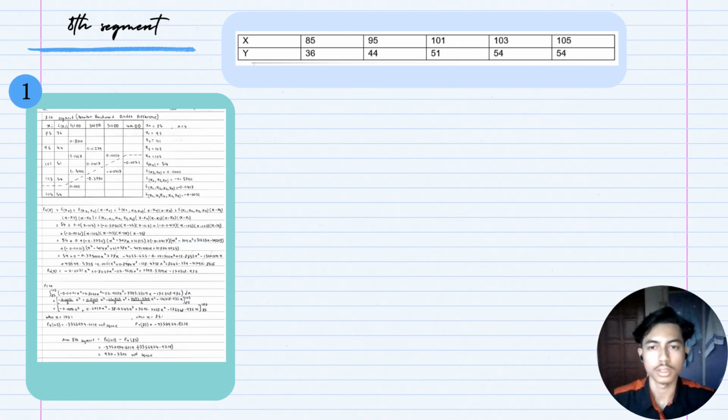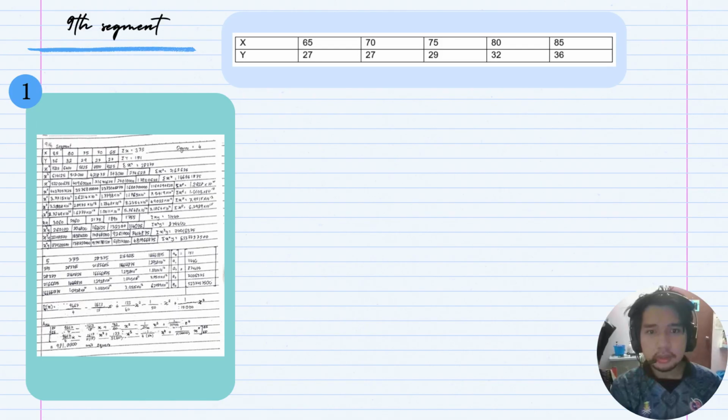For the x segment, we also use Newton backward divided difference to find the area, same as the 7 segment. After doing all the calculation, we get the area 950.32 unit square.